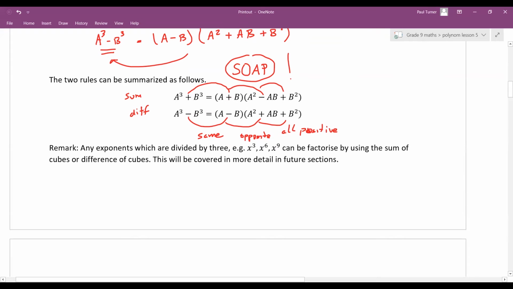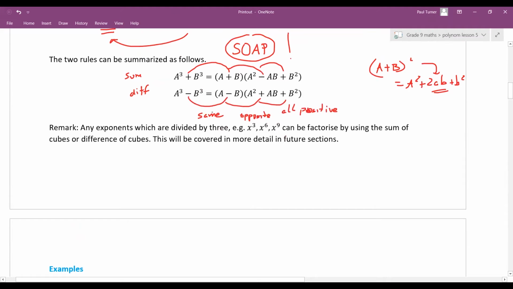So the only thing you need to remember is that this is not 2ab, so don't confuse it with the rule a squared plus 2ab plus b squared. That has a 2 in it, so don't confuse it with the perfect square rule. This will be only ab, not 2ab, so don't put a 2 in there.